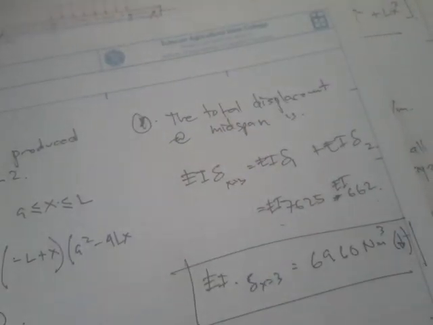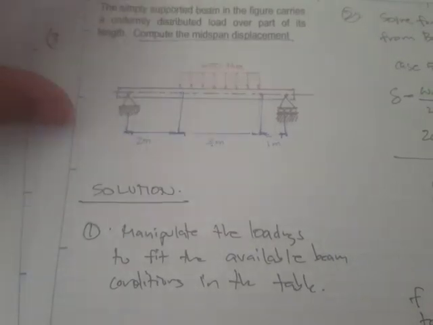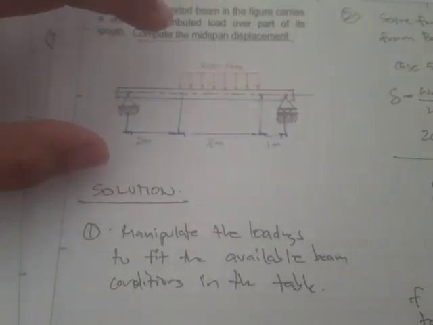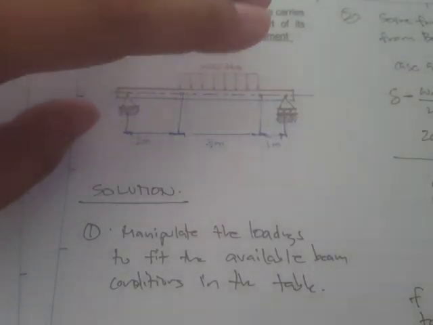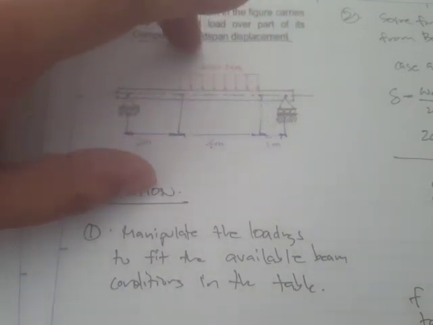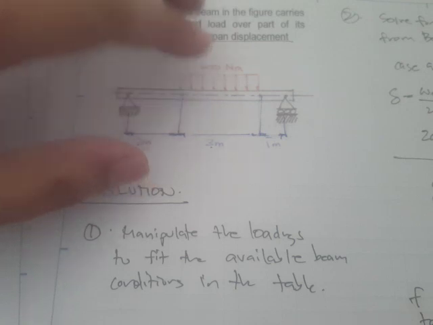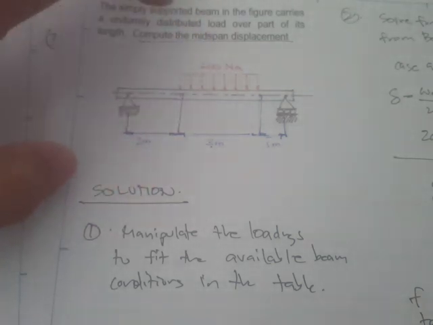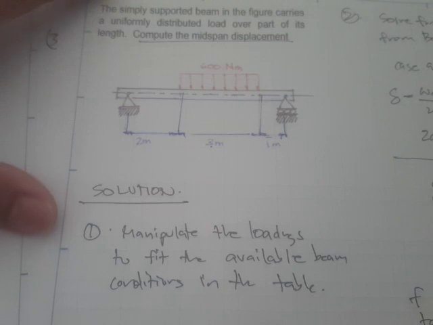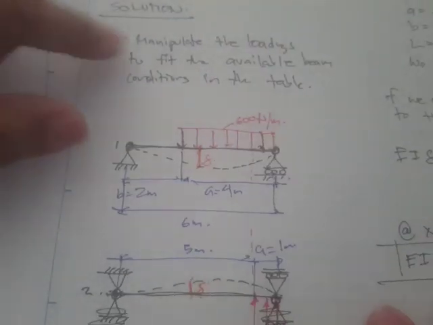Okay, so in summary, let's review what we did. If the given problem doesn't fit, or there's no available beam conditions from the tables, then what we can do is to do manipulations. Okay, and so that's why the first step that we did is to manipulate.